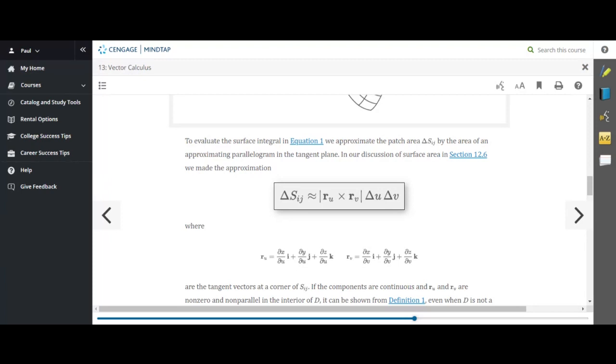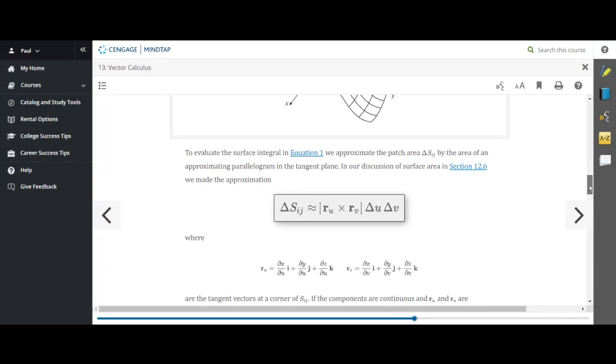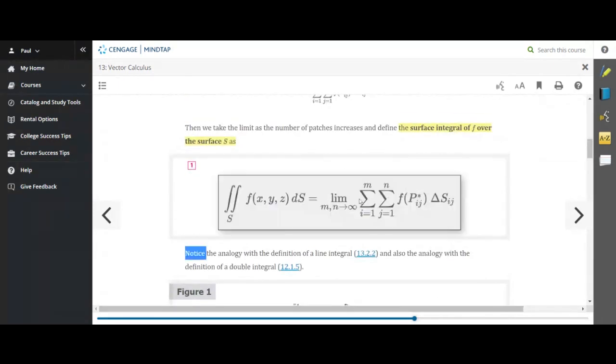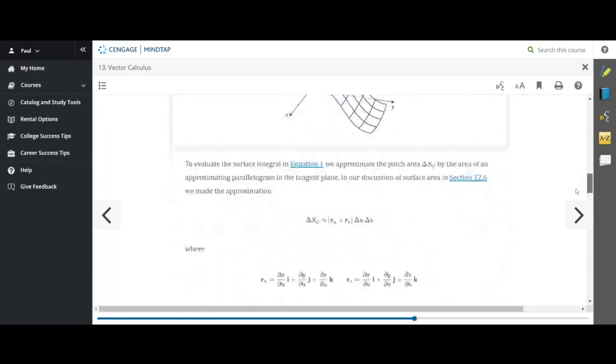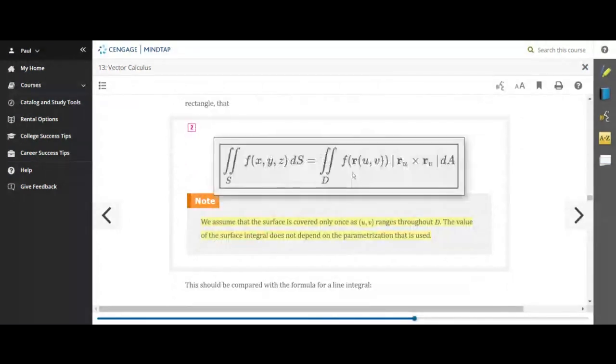All we're going to do is substitute that expression for the area of the ijth patch into this double Riemann sum on the right. And when you do that, the double integral on the left will equal this double integral.